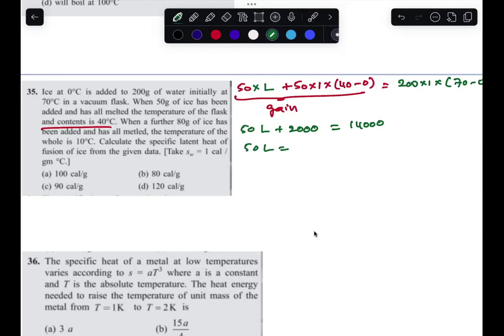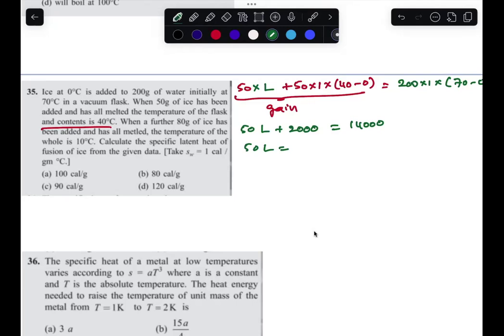Hold on, there is water also that you have. 200 grams of water at 55 degrees centigrade to 100 degrees centigrade is again 200 into 45, 9,000, 9 kilocalorie.